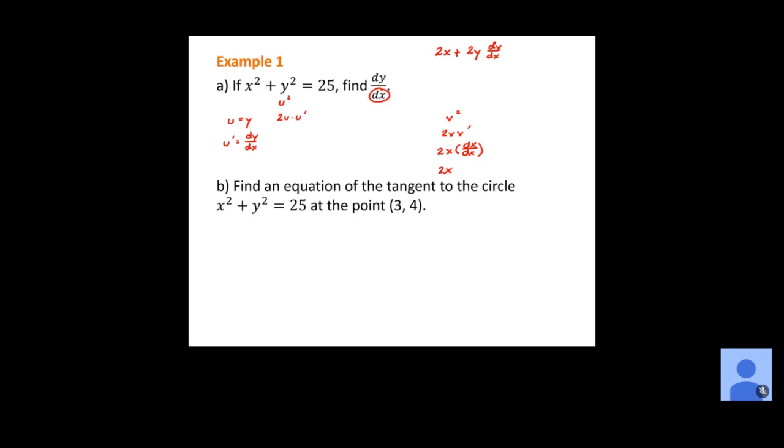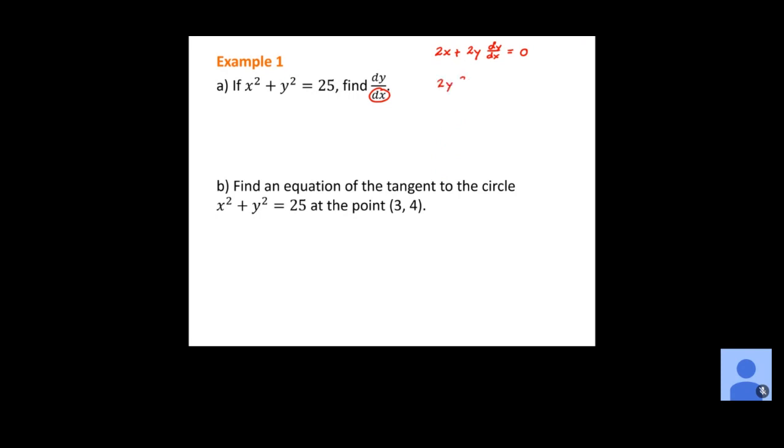Now, on the other side, 25, what's the derivative of 25? 0, right? The derivative of a constant is always going to give us 0. All right, so now we've got everything we need. Now we just need to solve for dy/dx. So what can we do first to get dy/dx by itself? Go ahead and move the 2x over.